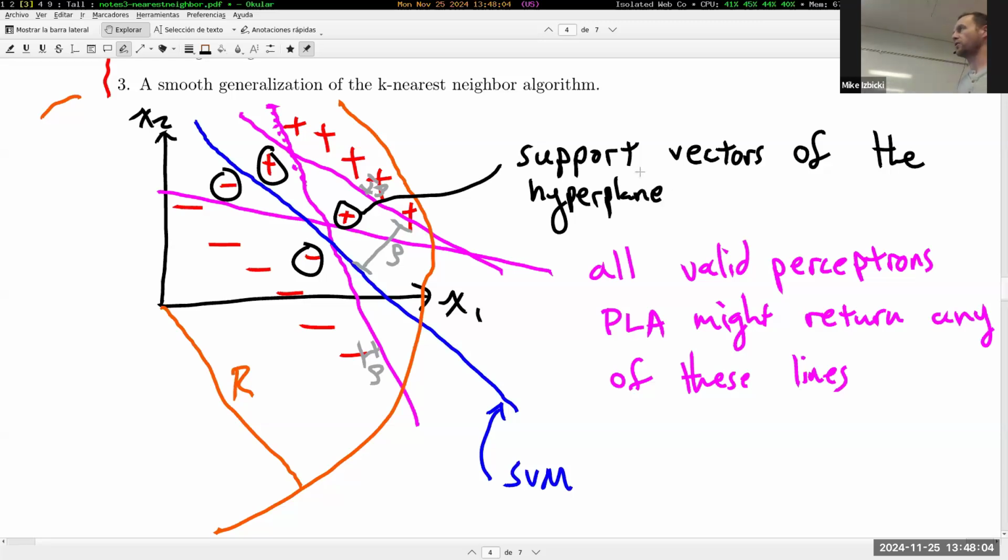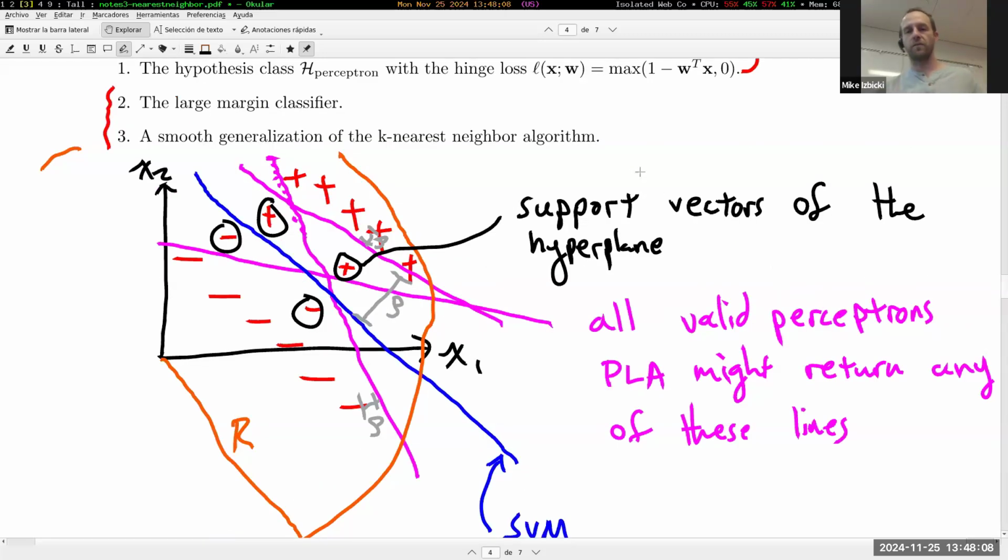Any data point whose distance to the hyperplane is equal to the margin is a support vector. So the meaning of being a support vector here is that the distance from x to the hyperplane, to the decision boundary, I'll just write HP for hyperplane, equals rho.